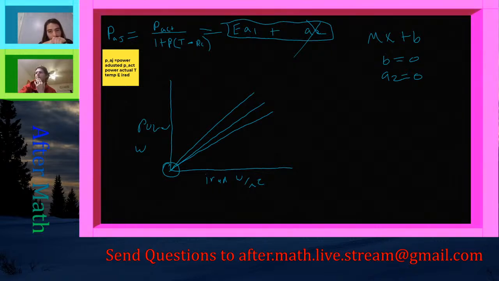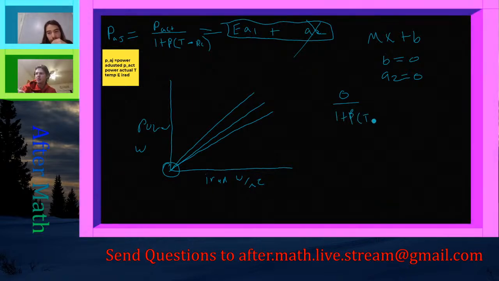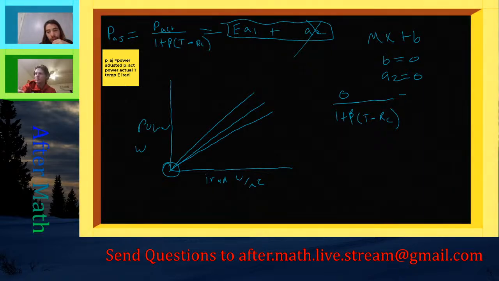Right. And if the power is 0, and we have 0 over 1 plus beta times (T minus RC), it shouldn't matter what our temperature is or anything. It's still going to be 0.